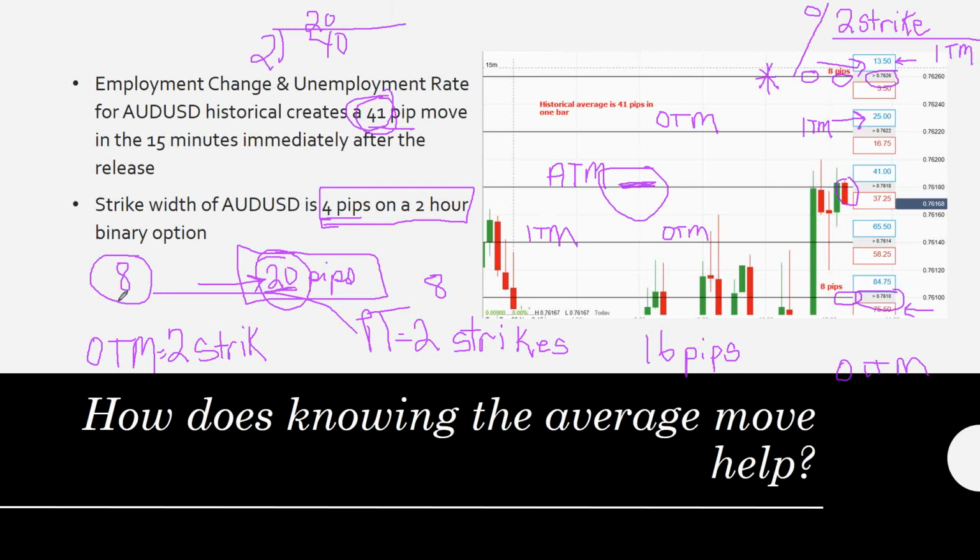Okay? So if I go out of the money 2 strikes, that's 8 pips. To achieve my profit target, I have to move 2 strikes. That's another 8 pips. So in this way, even if I get a 16 pip move in my direction, then I am going to achieve my target more likely than not. Does everybody understand that now?